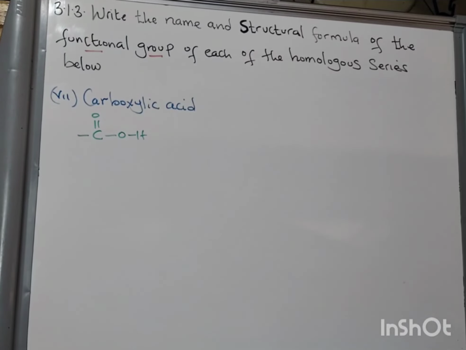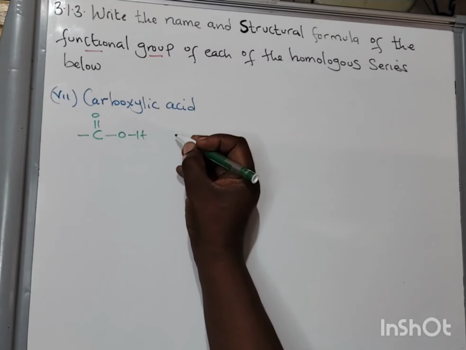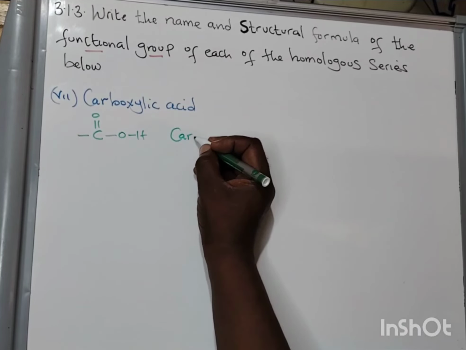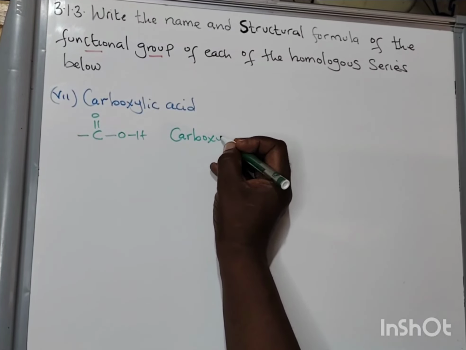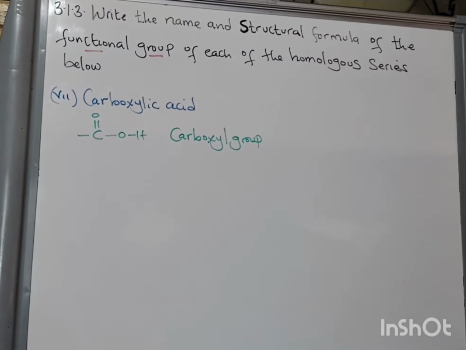What you see there, it is the structural formula of the functional group of carboxylic acid, and its name is carboxyl group. That's the name of that functional group.